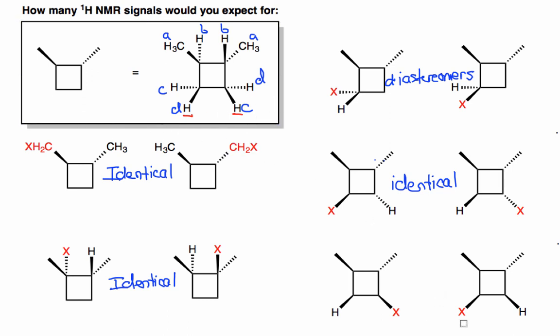If we look at these two and try to figure out what the relationship is, they're not identical. They're not mirror images. They're not superimposable. So those must be diastereomers.